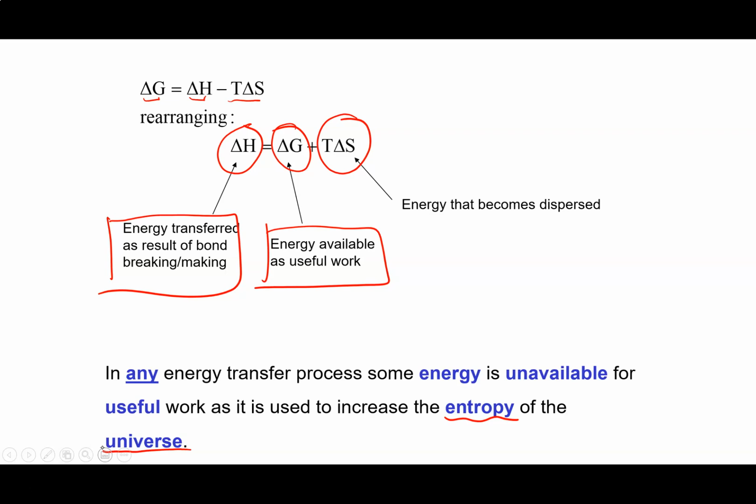So basically, when you move energy from one place to another, you have to pay the tax man. You have to spend a little bit of energy increasing the entropy of the universe, and that energy isn't available for useful work.